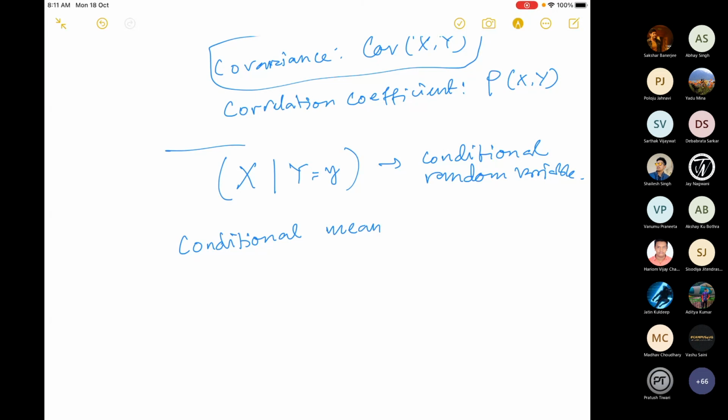So there can be two conditional means. One, you can write the expected value of X when capital Y is given to you, say small y. You can write it as E_X also, because this expectation corresponds to the random variable X. And then also E_Y, which is the expected value of Y given that capital X assumes the value small x.